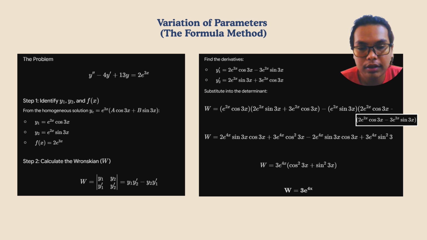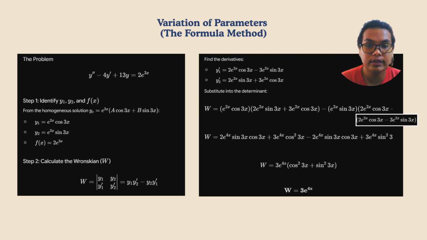We find the derivatives first: y prime 1 equals 2e^(2x) cos 3x minus 3e^(2x) sin 3x.